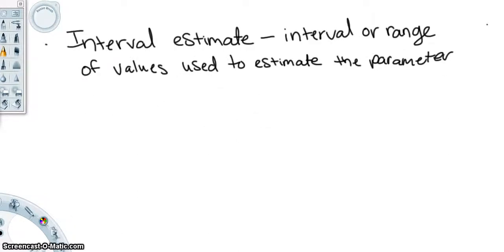We could also look at an interval estimate. The interval estimate is an interval or range of values used to estimate the parameter. You know, in English, when they told you not to use the word to define the word, well, statistics is proving you wrong, so we have interval and estimate both in this definition.